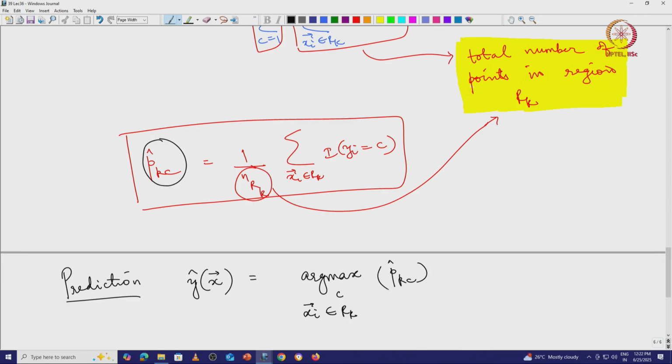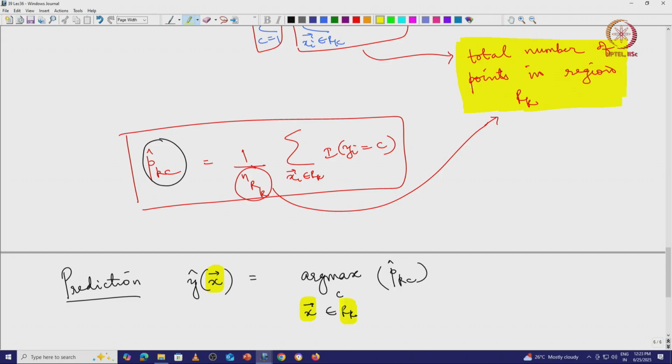Okay. So what do you do here, sorry, this is not xi but this is just x. So what you do here is you first know what your feature vector is, you see which region it lies in.